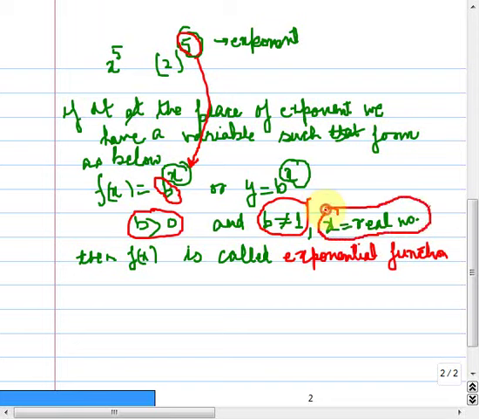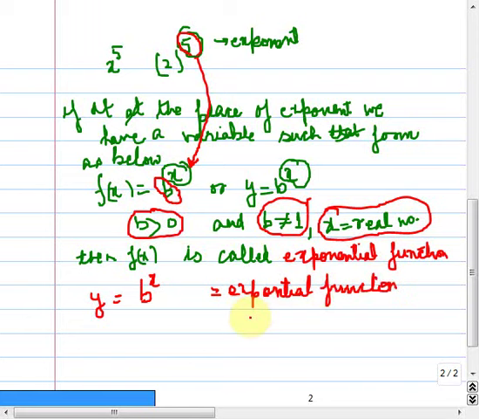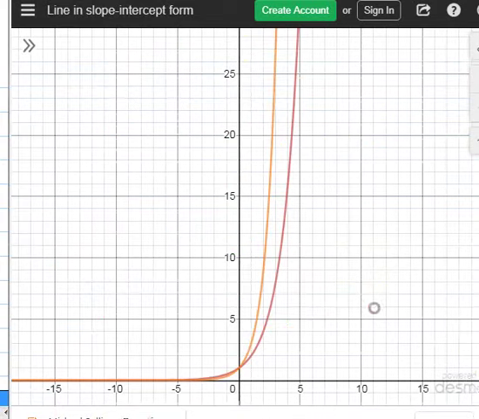That is our variable. The definition of b to the power x is called exponential function. This is the basic definition of an exponential function, b greater than 0 and b not equal to 1.